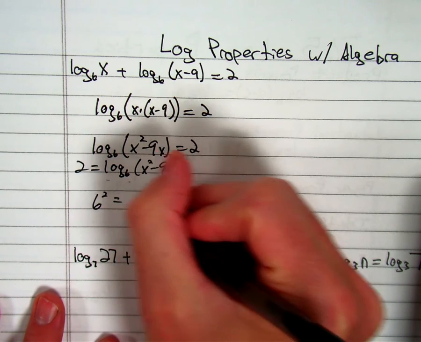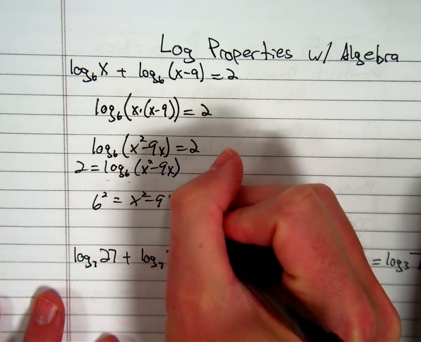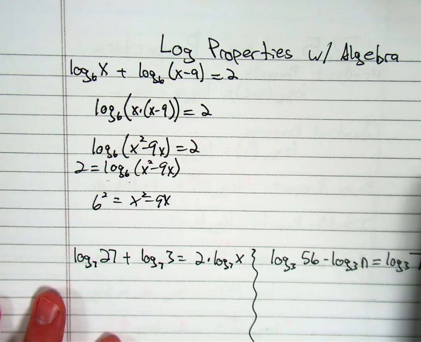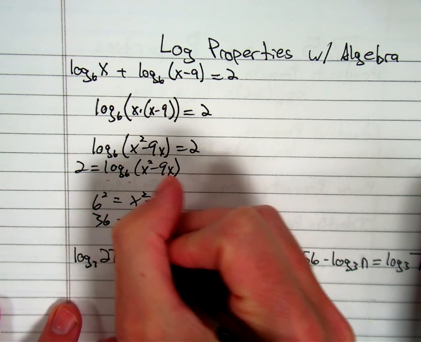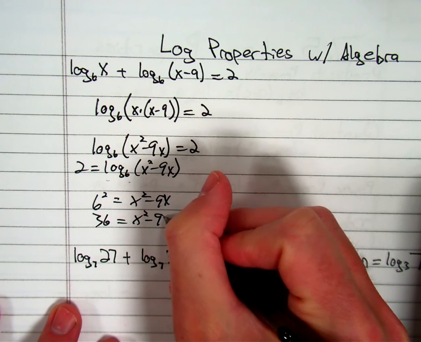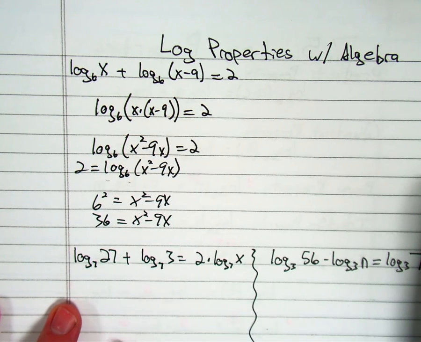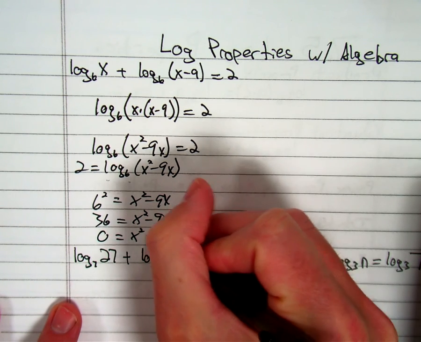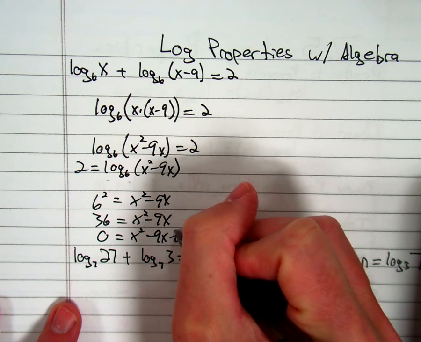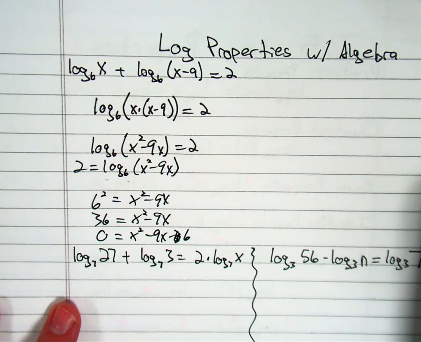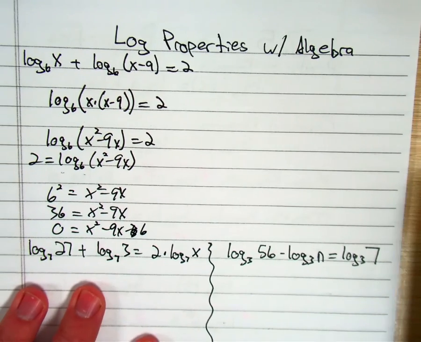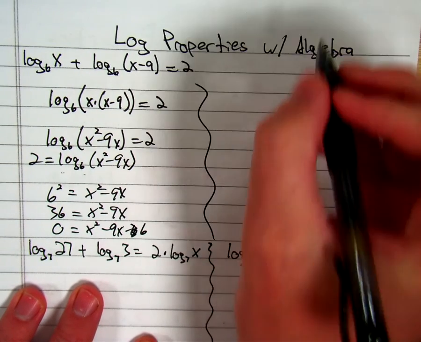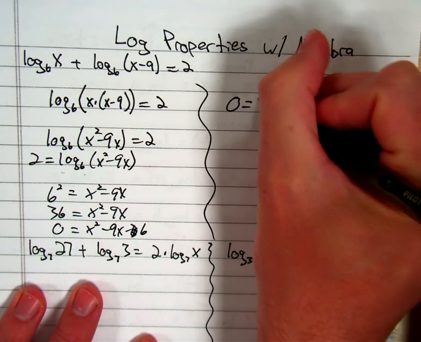So 6 squared, we got 36. And we're going to get everything on the same side. Subtract that 36 over. And factor and solve.